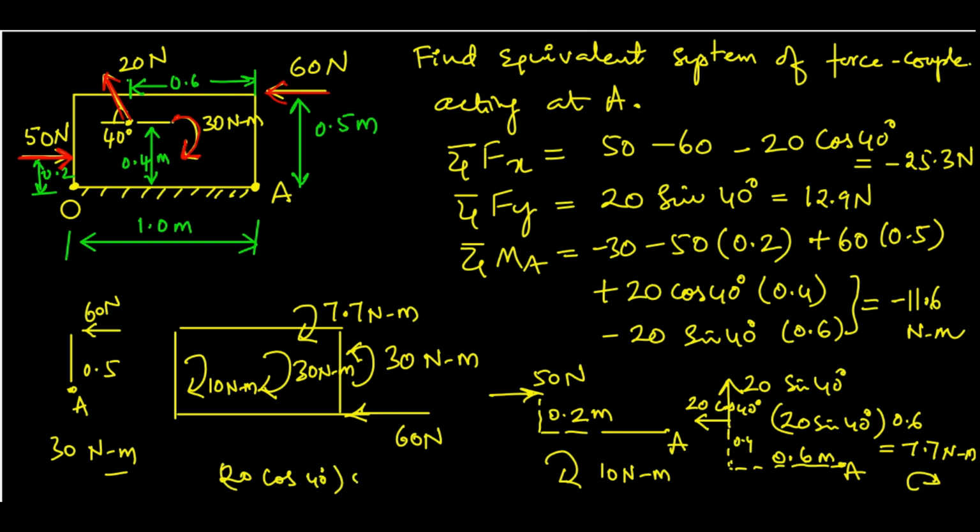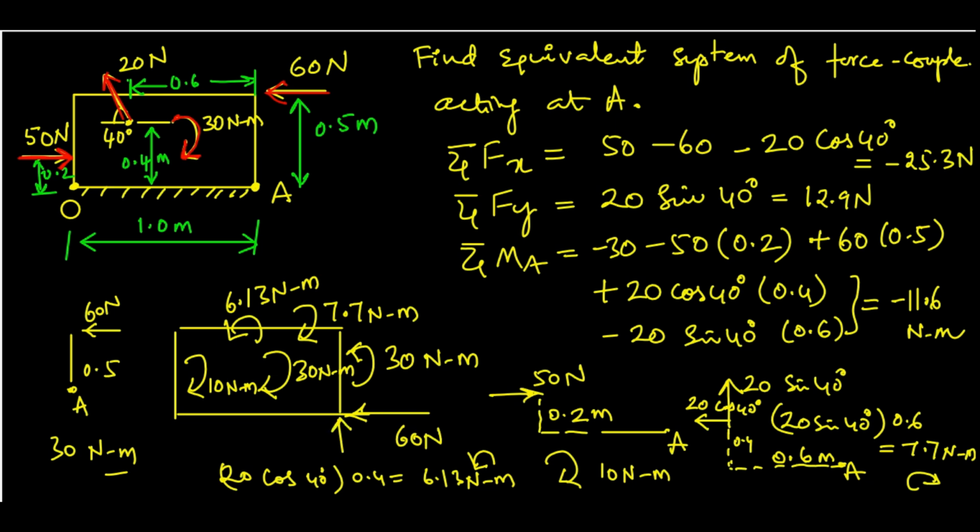So 20 cos 40 degree times 0.4. This is 6.13 Newton meter. This is counterclockwise. You have 6.13 Newton meter. Now you should have moved all the forces here.